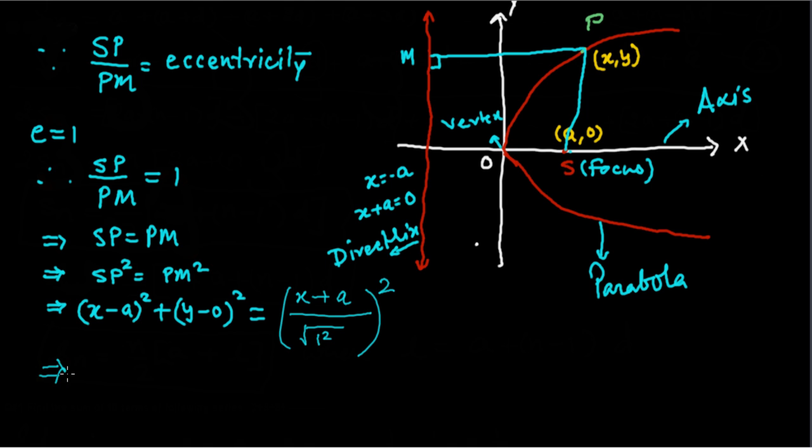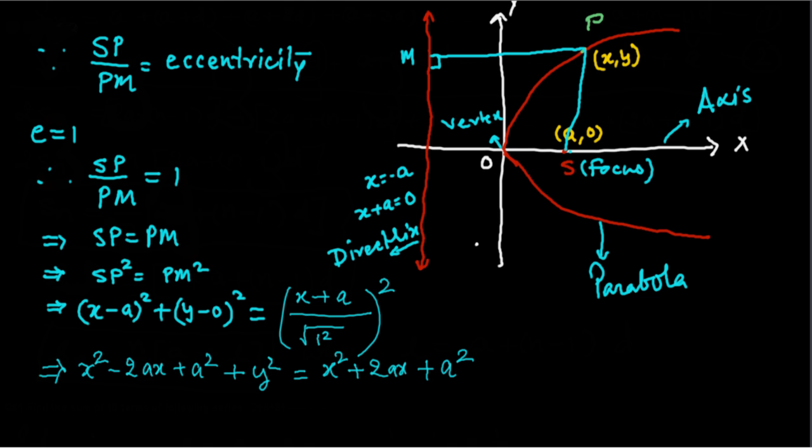Now we see x minus a whole square is x square minus 2ax plus a square, and y minus 0 whole square is y square. Because 1 square is 1, there is no need to take the denominator, so we just square x plus a, which gives x square plus 2ax plus a square.